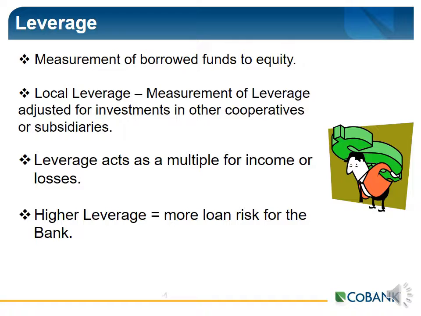Whereas if that leverage is lower and you have a down year, you're not going to have to utilize as much of your liquidity to make up for your lower profits, and because of that, you're going to be in a much better position to survive that one down year than you would be with higher leverage.